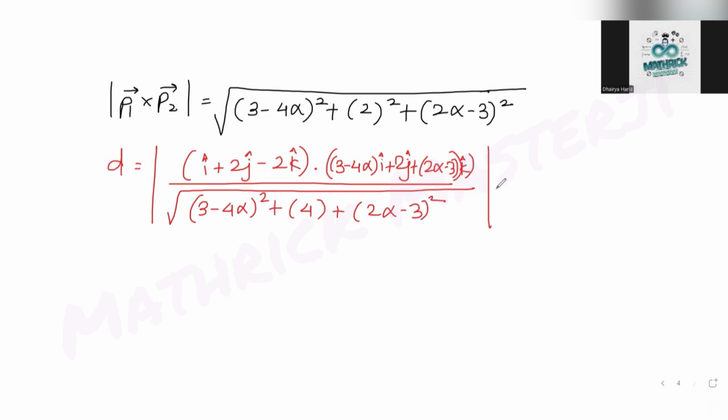This whole thing equals 5 over root 6. So let's solve this. What I get from here is the dot product.